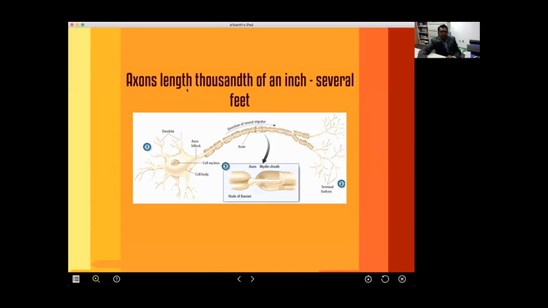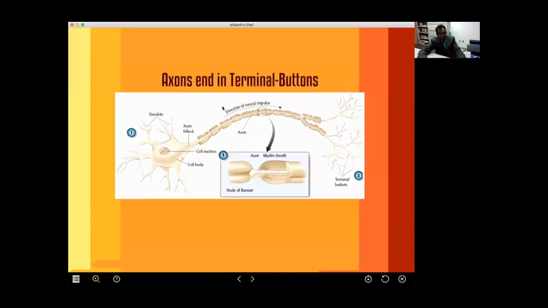So the length of the axon varies from few inches to several feet. And these axons, they branch, they rebranch, and eventually they end in these dead ends. And we call these dead ends terminal buttons. So you see the terminal buttons right here.